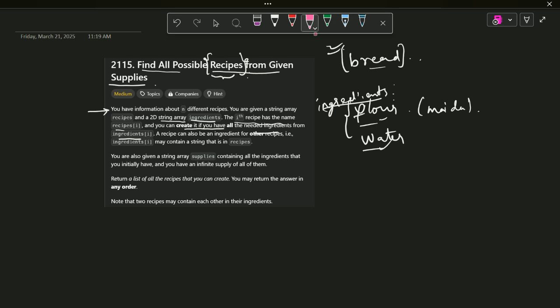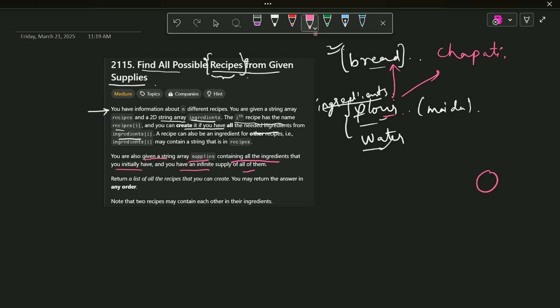Same for preparing bread, the flour. For preparing chapati also, we require flour. That is, it can have two or more same ingredients. You are also given a string array supplies containing all the ingredients that you initially have, and you have an infinite supply of them.